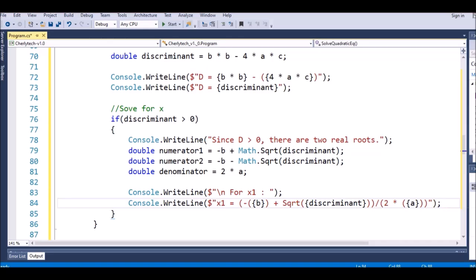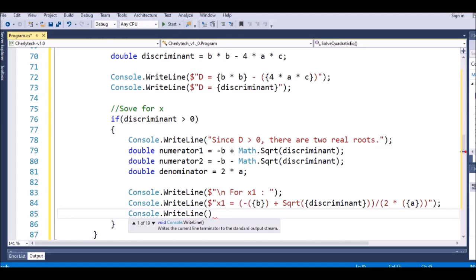So the next we will do the calculation. Console.write in here. So inside here we say x1 equal this one, right?